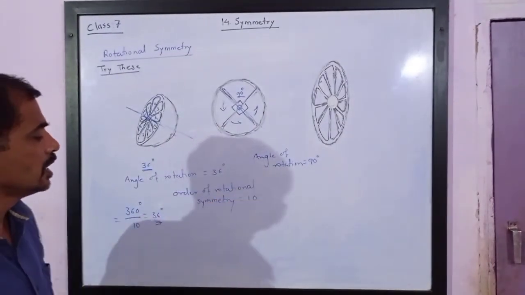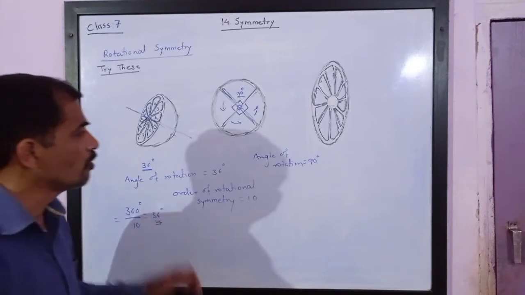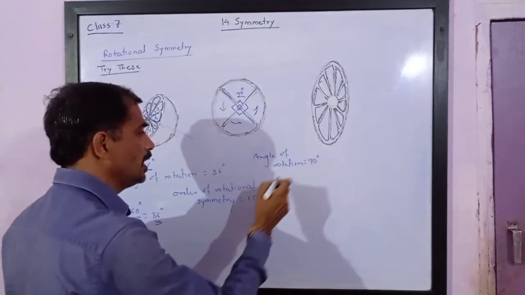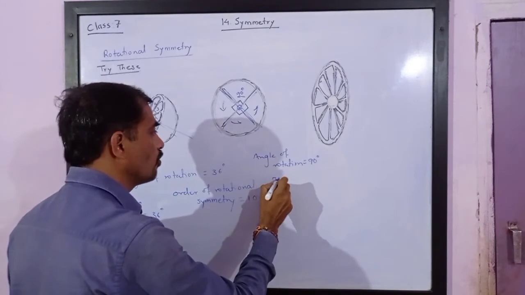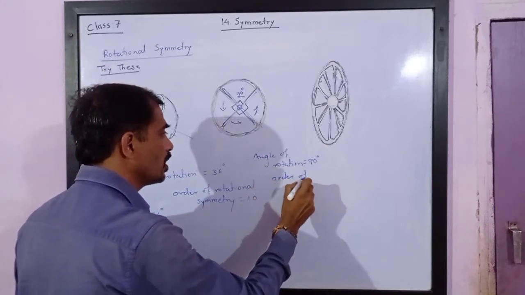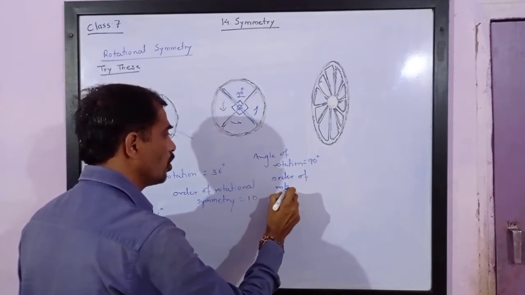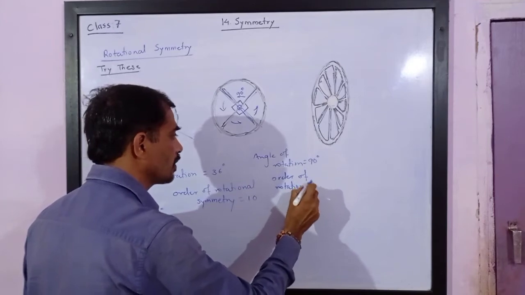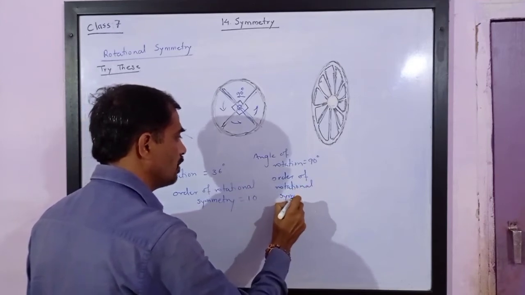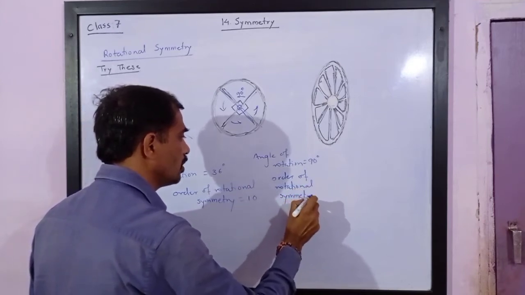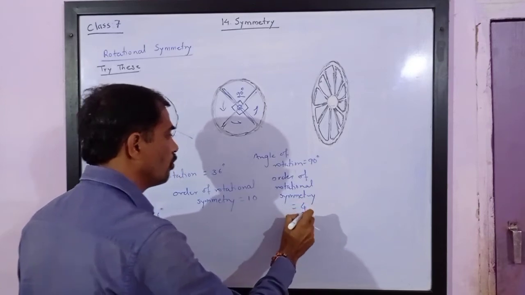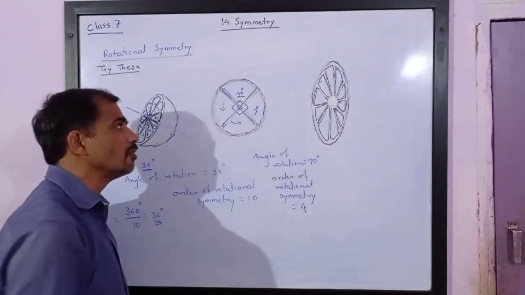Here you will notice that the angle of rotation is 90 degrees and the order of rotational symmetry is equal to 4. So a total of 4 possible ways are there.